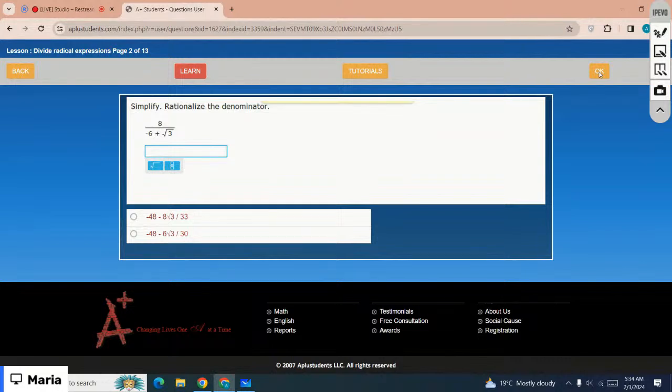So, the correct option is option number one, that is negative 48 minus 8 square root 3 divided by 33. Option number one is the correct option.